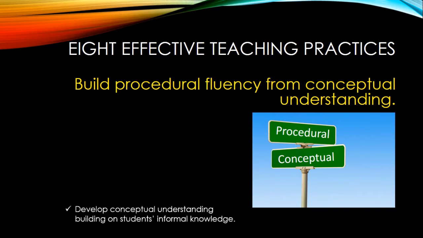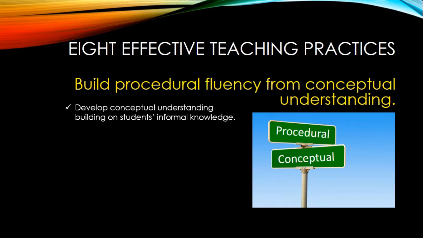We first develop conceptual understanding by building on students' informal knowledge. We provide experiences where students can engage only conceptually based on their prior knowledge. Then we give them opportunities to develop informal strategies to solve problems. This is where they can use their own mathematical understandings and their own strategies.